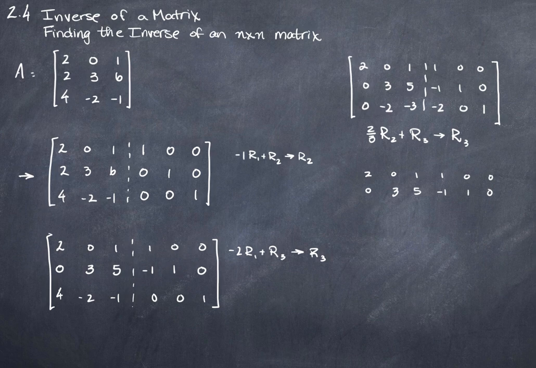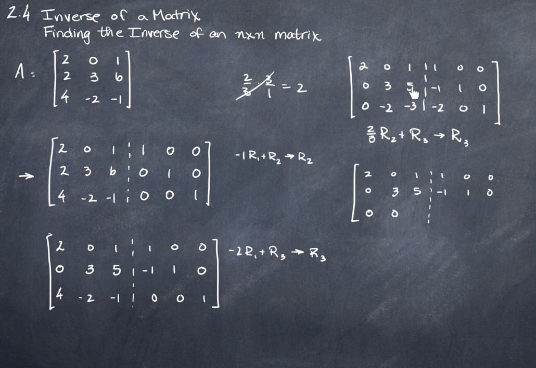Well, in the first position, you don't get anything. 0 times anything, 0 plus 0 is 0. 2/3 times 3 is 2, right? And that's why we did that. When you add that to negative 2, you get 0.